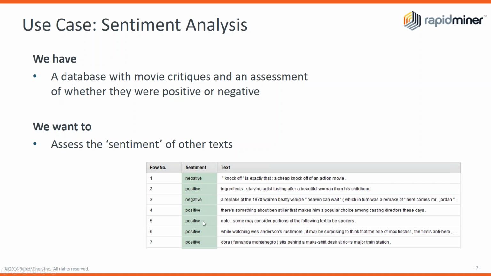And what we want to do is use this existing knowledge to assess the sentiment on other text, similarly related to movies and comments on movies. That's the basic thing.